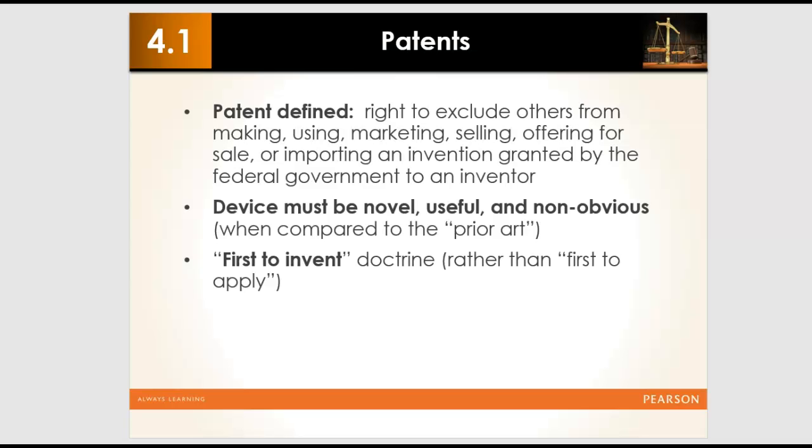And whatever you are about to patent, the requirements are quite strict. So your invention has to be novel, has to be useful, and has to be non-obvious. Novel comes to the aspect of you inventing something.